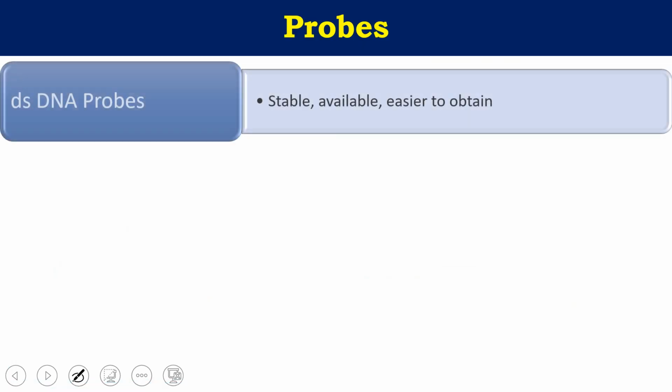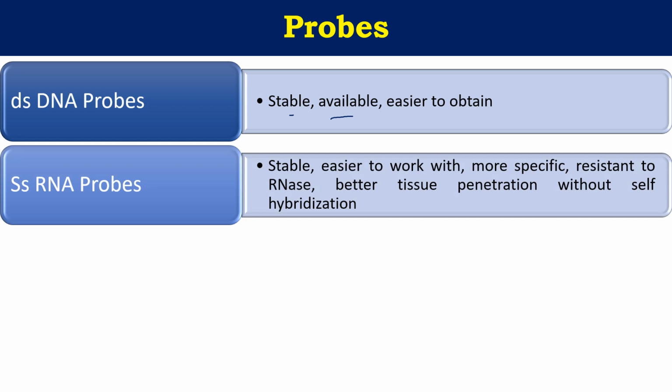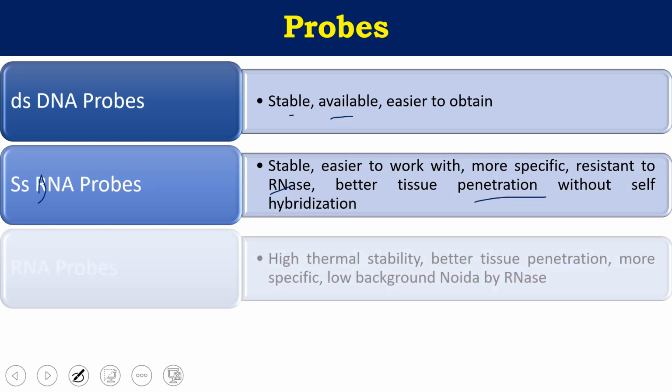Now, we basically have DNA probes and RNA probes. In DNA, we have double-stranded DNA probes, which are stable, easily available, and easier to obtain. Then we have single-stranded DNA probes, which are stable, easier to work with, more specific, resistant to RNases, with better tissue penetration and self-hybridization.